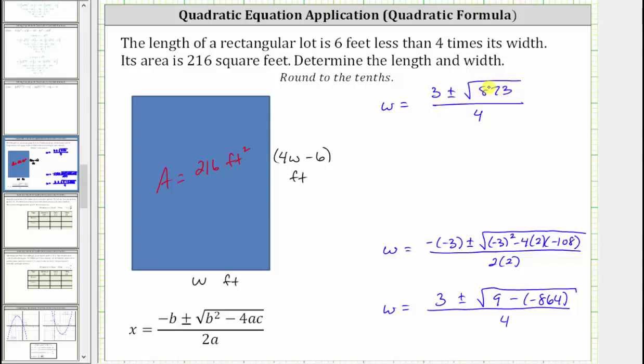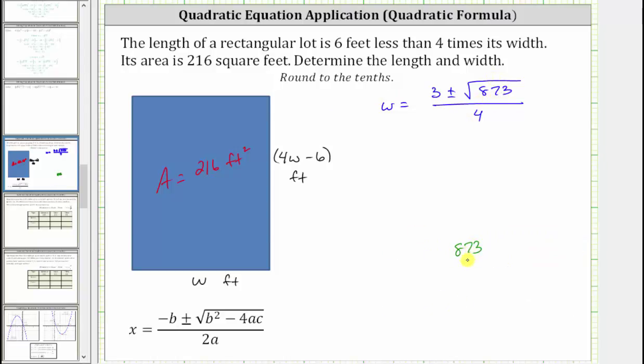At this point, because we're asked to round to the nearest tenth, we could go straight to the calculator, but let's go ahead and simplify the square root of 873. 873 is equal to 9 times 97, and because 9 is a perfect square, the square root of 873 is equal to the square root of 9 times 97, and because the square root of 9 is equal to 3, this simplifies to 3 square root 97.